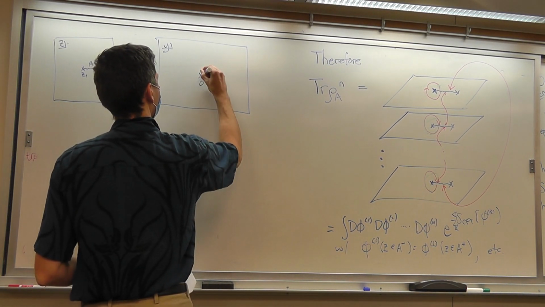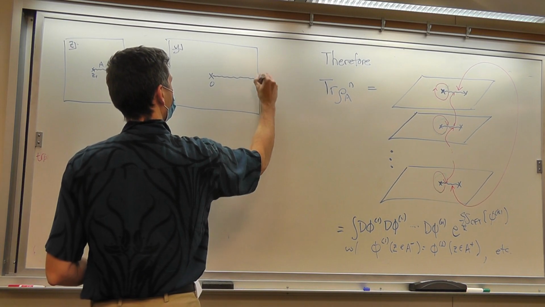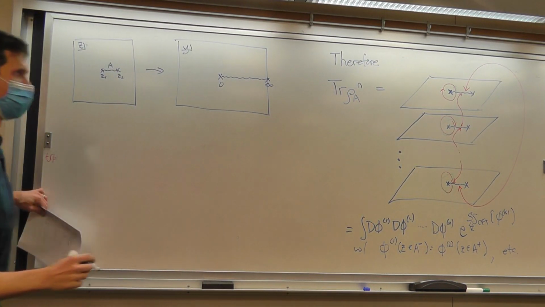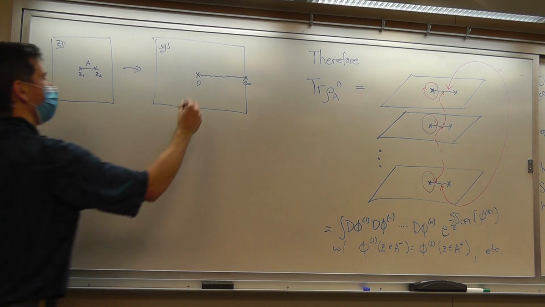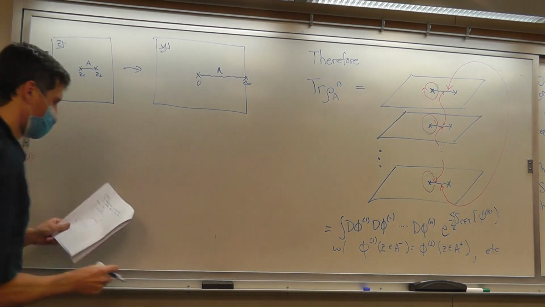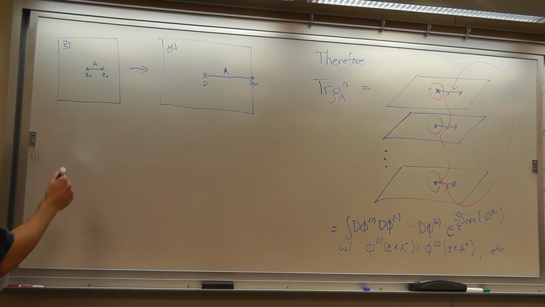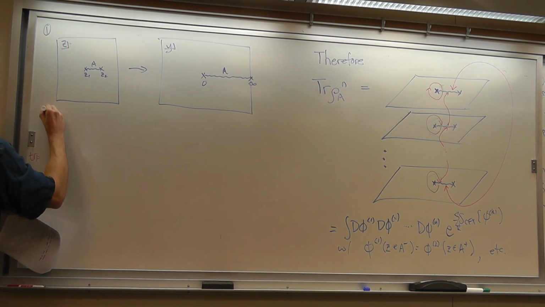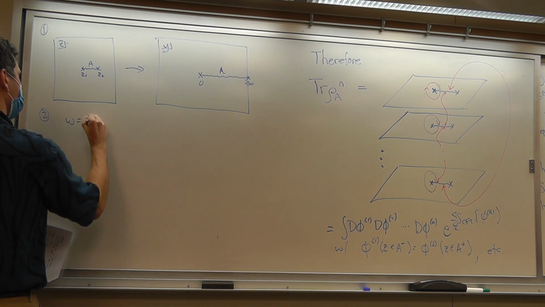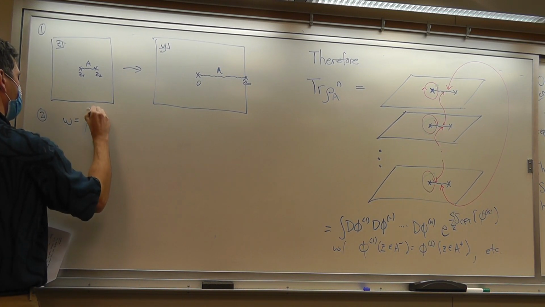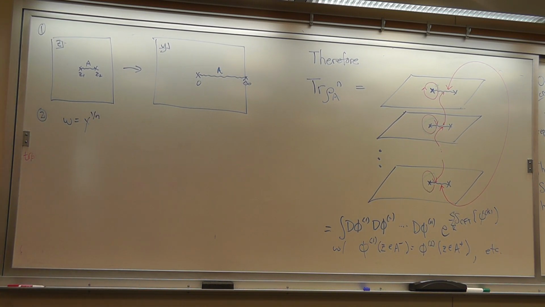So now region A looks like this. It's just the positive real line. And so that was step 1. And then step 2 is to define w equals y to the 1 over n. The way to think about this is the following.